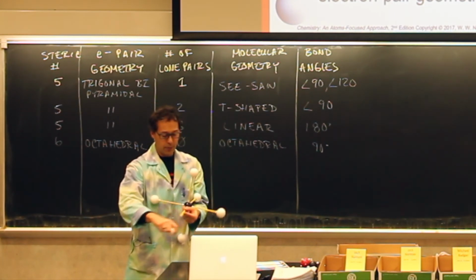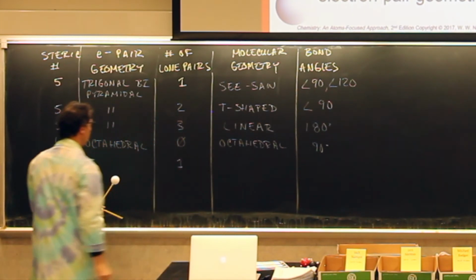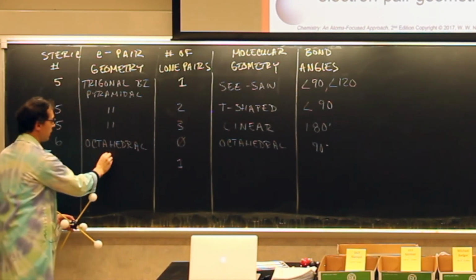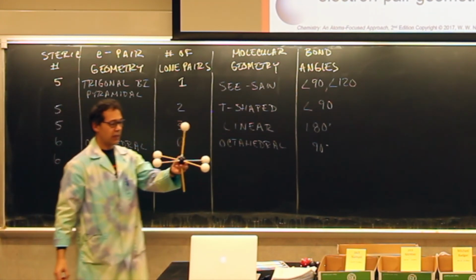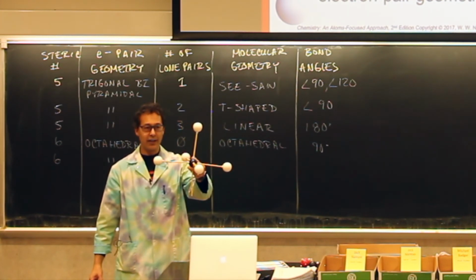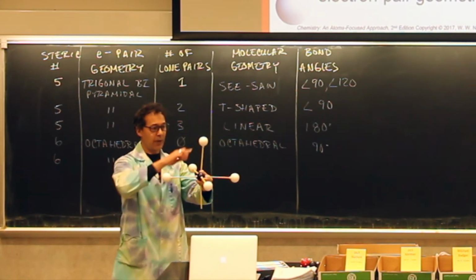And we're going to do a lone pair. So lone pair, steric number is 6, still octahedral. Now our shape here is going to be square on the bottom, 4 things on the bottom, and a pyramid.